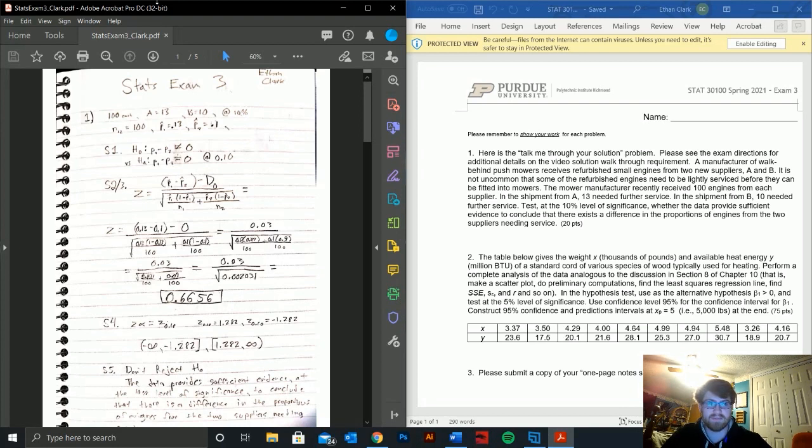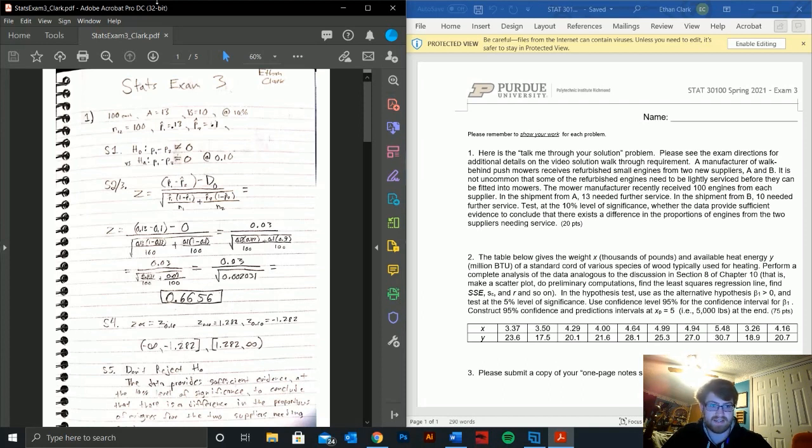Alright, so this is my SAS exam 3, the do it on the board problem, which is number 1. For this one, it's about push mowers and small engines from two suppliers, A and B. We have 100 engines from each supplier, and in shipment A, 13 needed further service, and in shipment B, 10 needed further service.